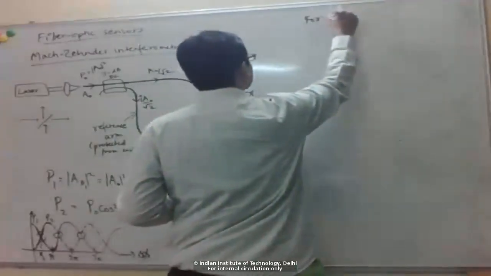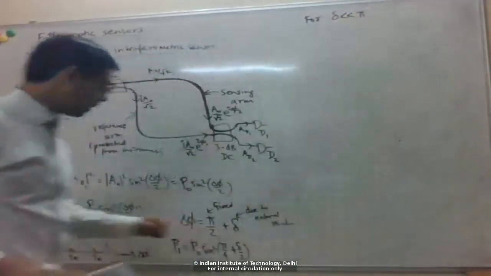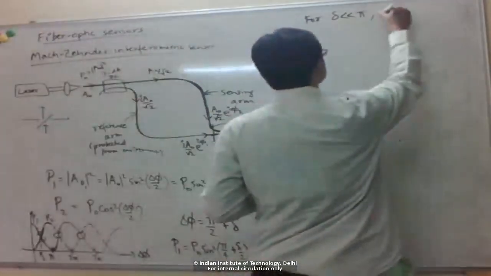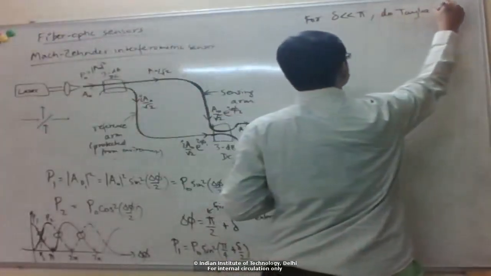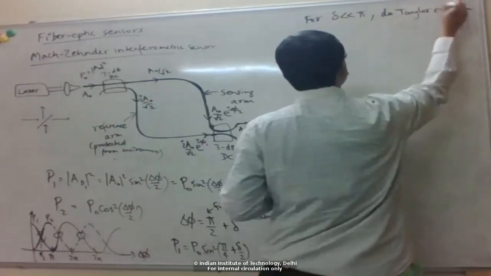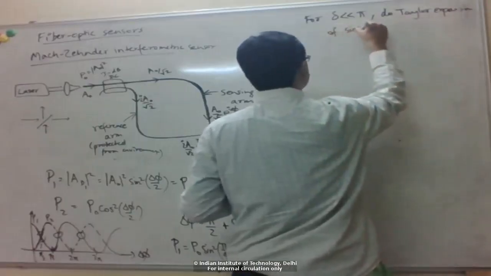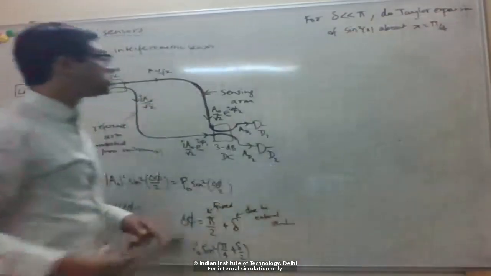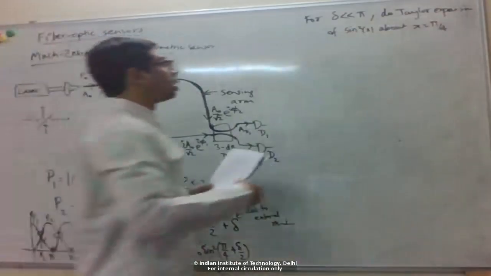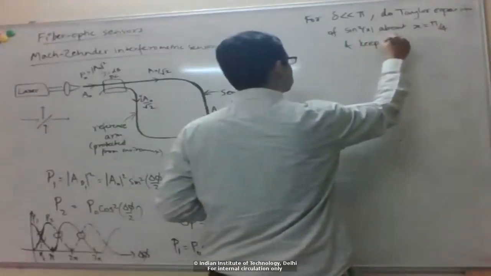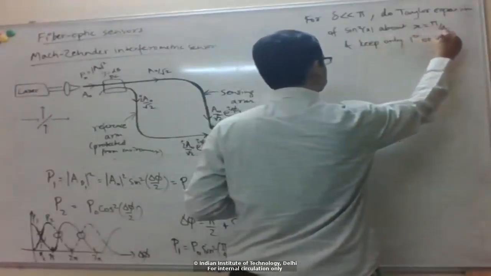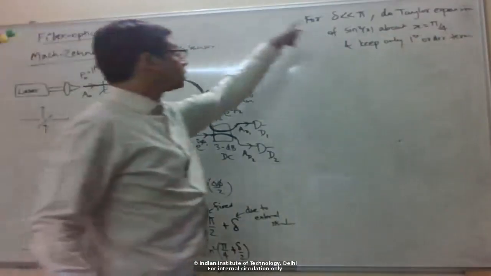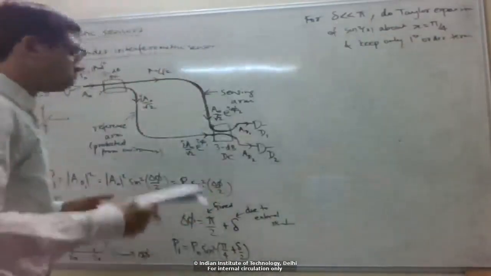So for delta very small compared to, let's say, pi, what we can do is a Taylor expansion of sine square about x equal to pi by 4, and keep only the first order term, saying that this is small and second and higher order terms will be much smaller.